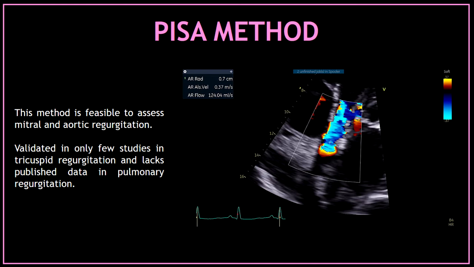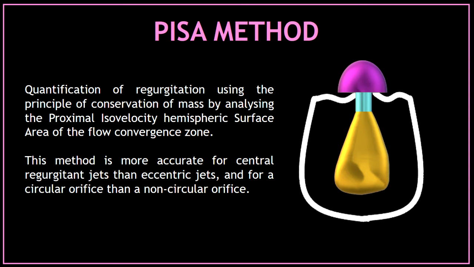The PISA method is feasible to assess mitral and aortic regurgitation. It is validated in only a few studies in tricuspid regurgitation and lacks published data in pulmonary regurgitation. With the PISA method, we quantify the regurgitation using the principle of conservation of mass by analyzing the proximal isovelocity hemispheric surface area of the flow convergence zone.